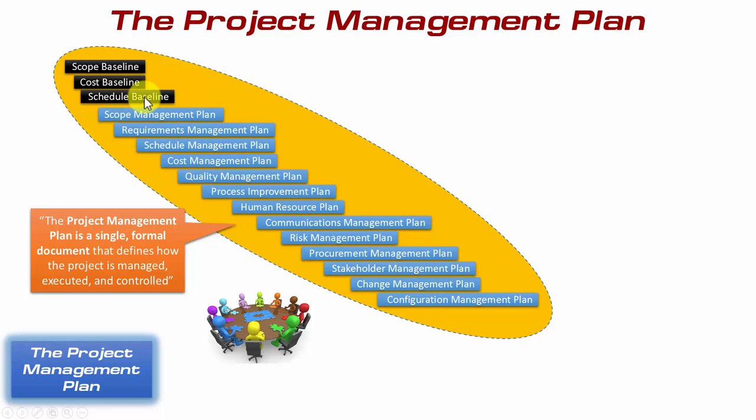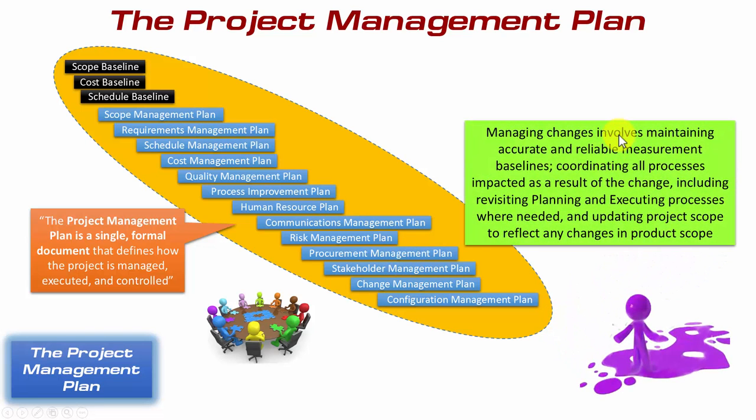So in addition to those three baselines, you also have these 13 other plans that make up the project management plan. And although they're all called plans, you should see them as strategy documents as well. For example, the risk management plan will show you how you intend to approach the management of risk throughout your project. And I'm sure you can already start to see that if any changes are proposed, then as part of managing such changes, you would want to fully understand the impacts on any or all of these plans and baselines.